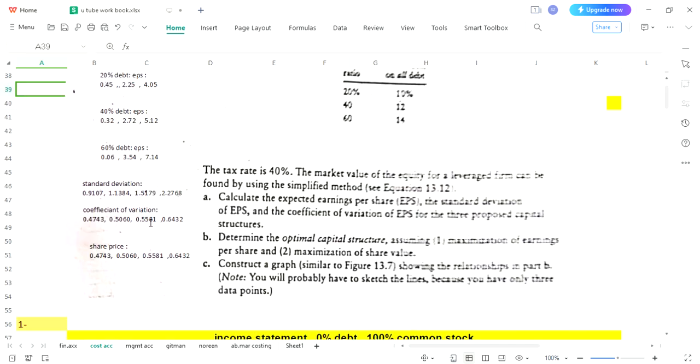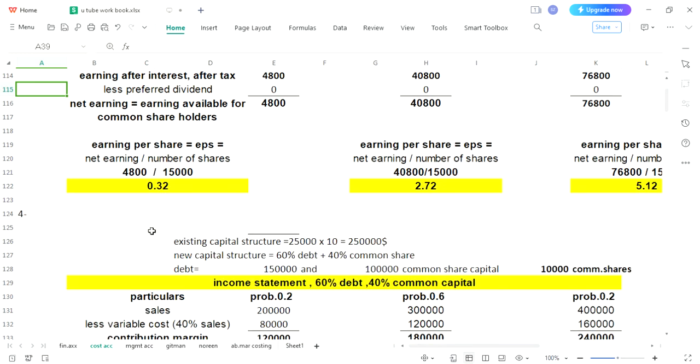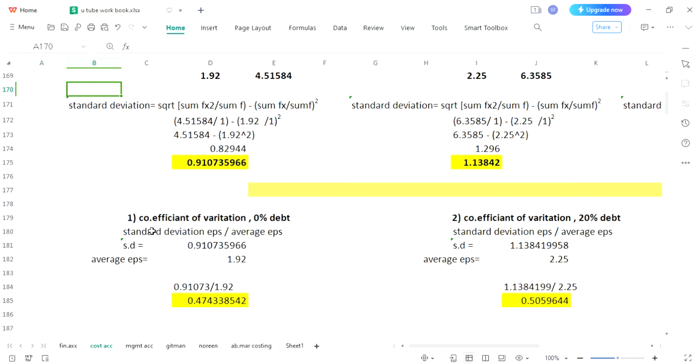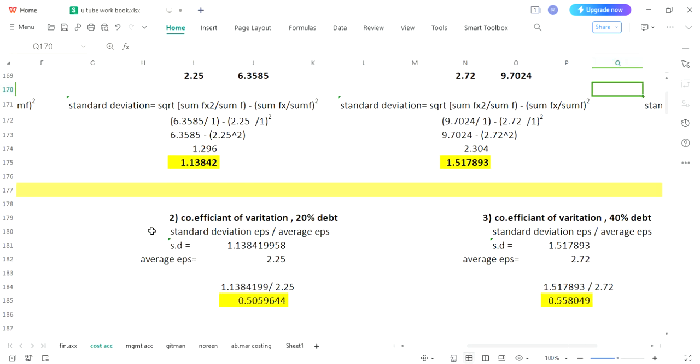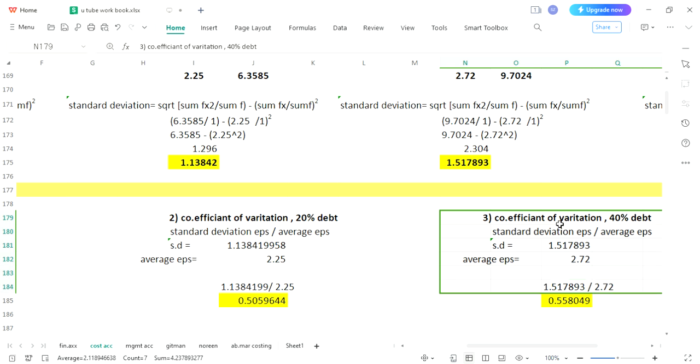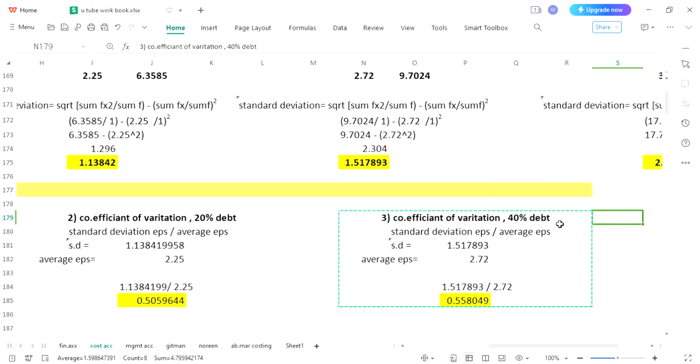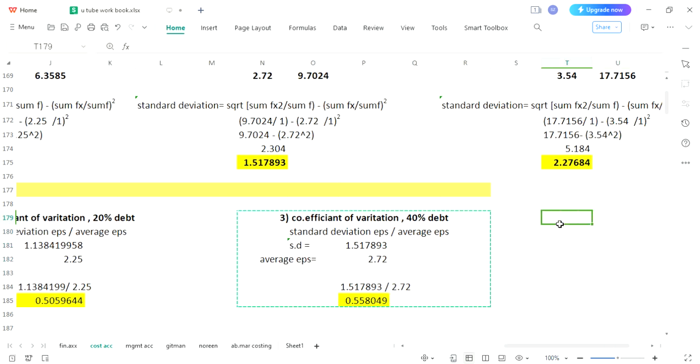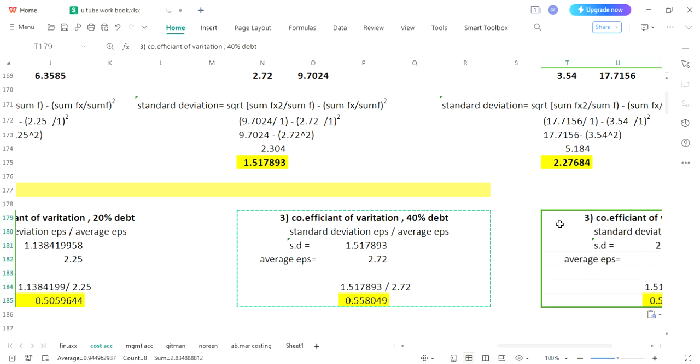Coefficient of variation third is 0.55, and what we have calculated for the third CV is 0.55. So thankfully 3 CVs are completed.